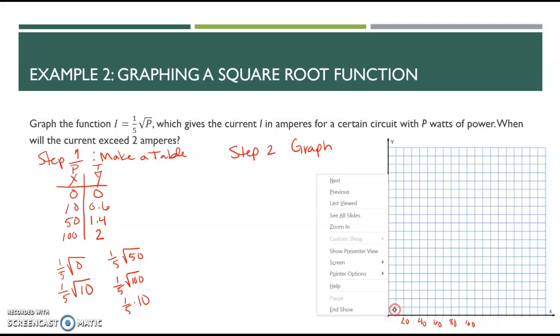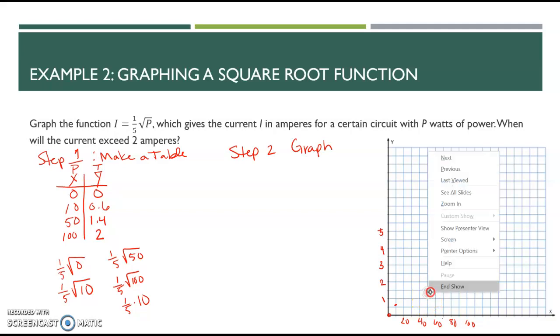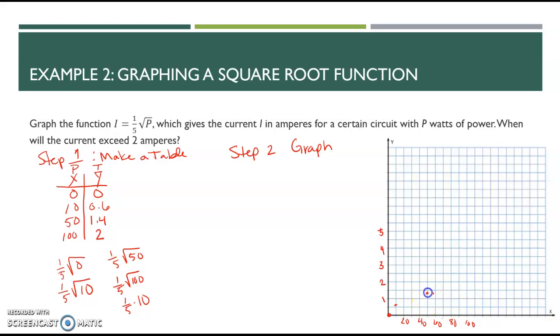So we have a point at 0, 0. Then one at 10, 0.6. So if this is 0.5, we're just above that. Then 50, so all the way over to 50, and 1.4, so just below the 0.5 mark. And then for 100, we're going all the way up to 2. That's 1, 2.